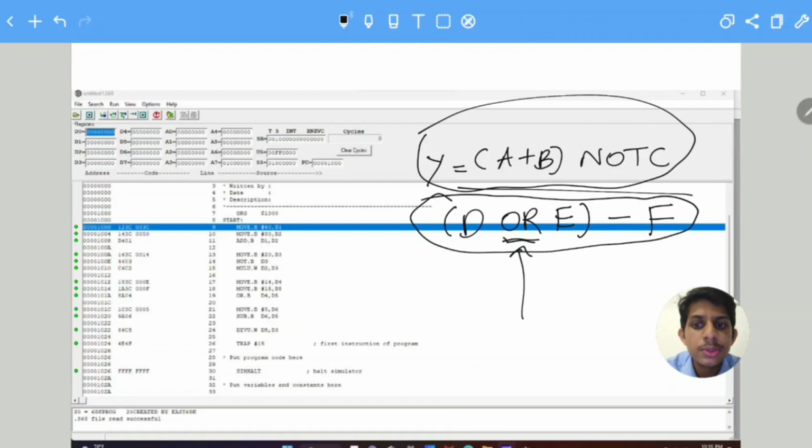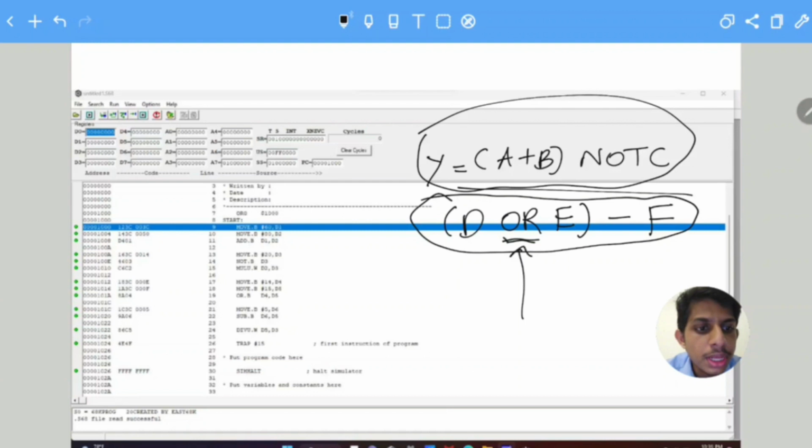Second, I do the same thing with the value of E. I move the value of E, that is 15, into destination 5. After I move the two values, I continue with this operation. The operation is or.B D4,D5.